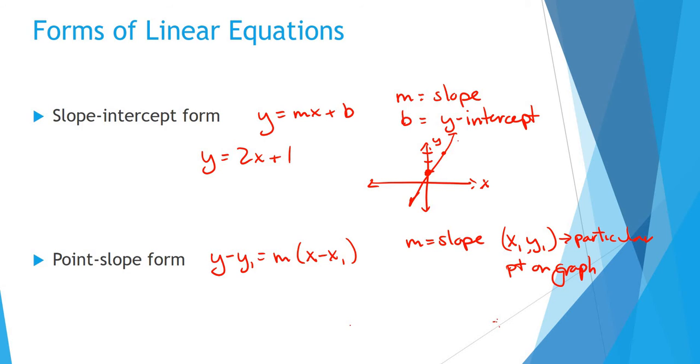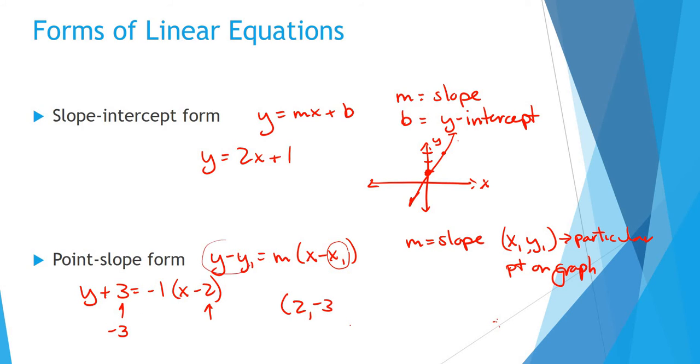It's not the y-intercept, but it is a point. So y plus 3 equals negative 1, x minus 2. So the ordered pair, the x value is 2 because x minus x sub 1. The y value is negative 3.